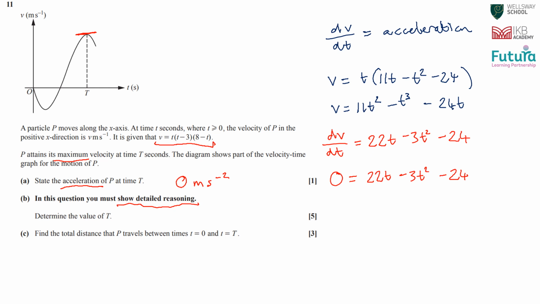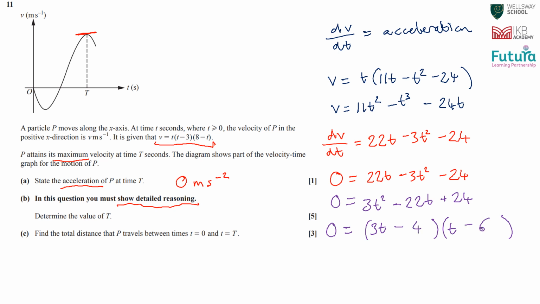So first of all, I would multiply by minus 1, so you get 3t squared minus 22t plus 24. And this is going to factorise into two brackets. So we're going to get 3t and t, and then minus 4 and minus 6.